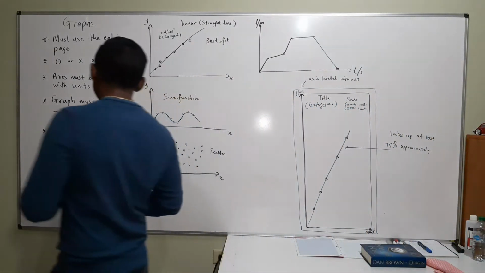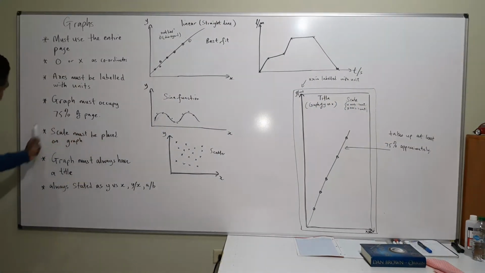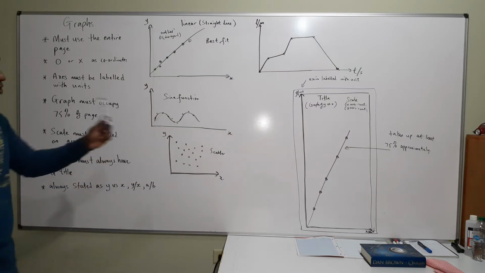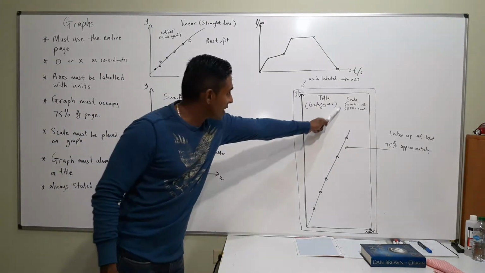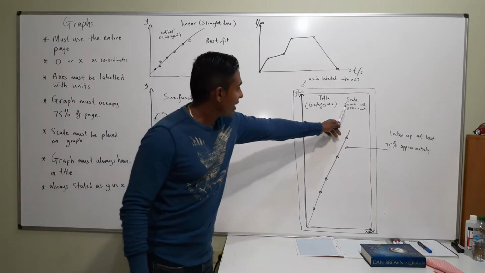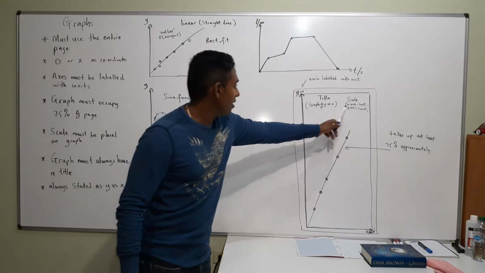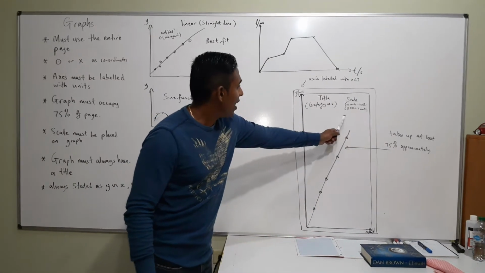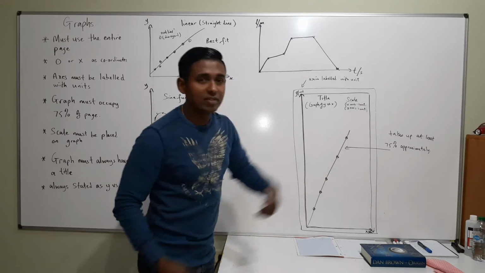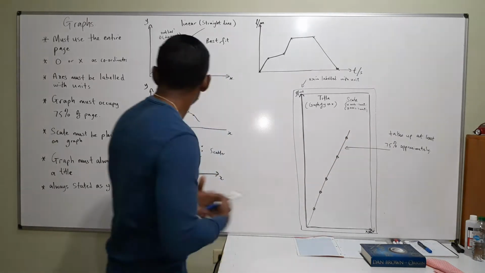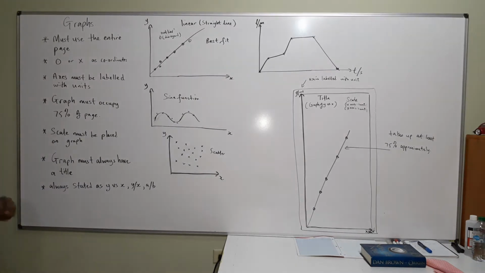The other thing is that all graphs must have a scale placed on them. So you must always put the scale that you've used. X-axis, I just put that there, 1 unit to whatever. Y-axis, 1 unit to whatever scale you would have used. The other thing is the graph must always have a title.